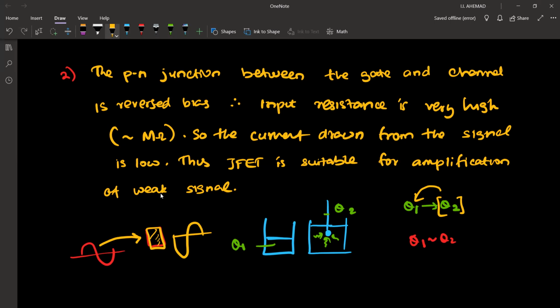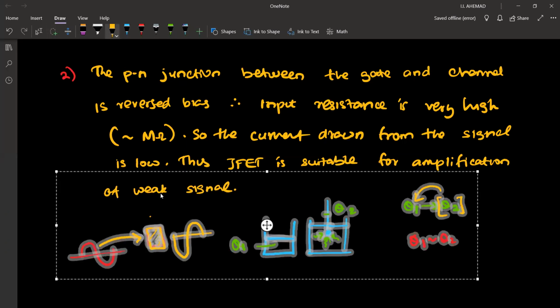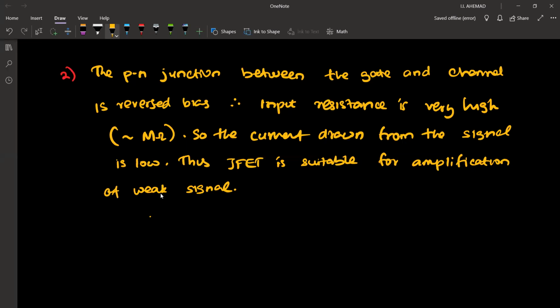Did you get that idea clearly? Why is JFET better than BJT? In BJT, it uses a portion of the signal as the current. But in FET, it doesn't do that. So we can use this to amplify small signals also. The BJT is not suitable. Okay, so that's all about JFET.